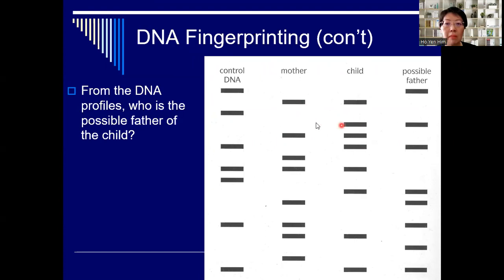This one, the mother doesn't have, so it must come from the father. This from mother, this from father. So the child's genetic fingerprint bands must match either the mother or the father. This is how we identify the father of the child.